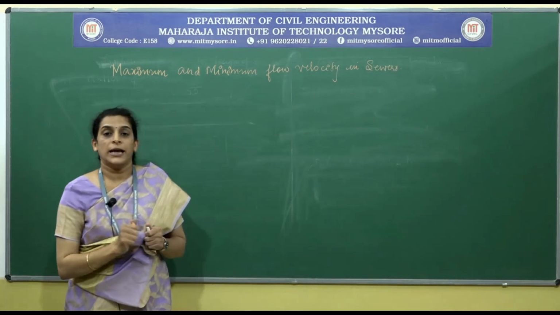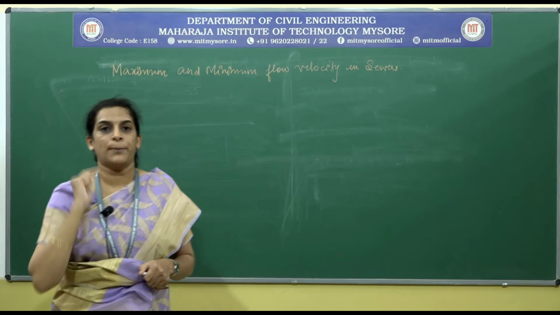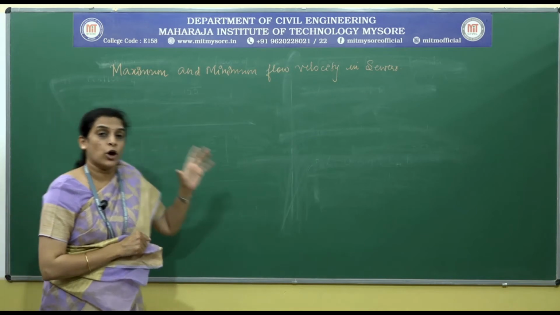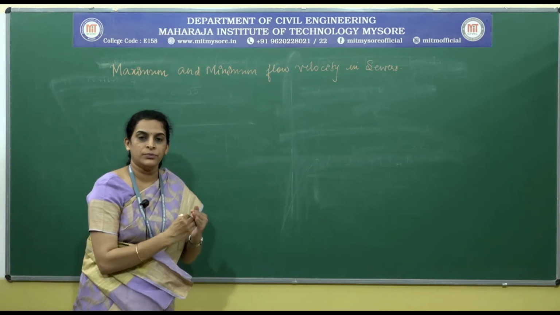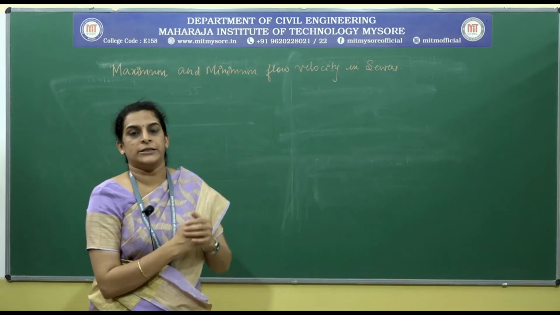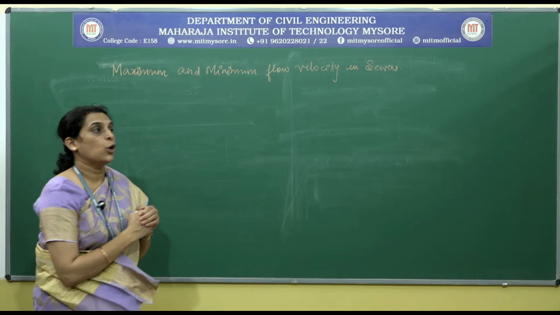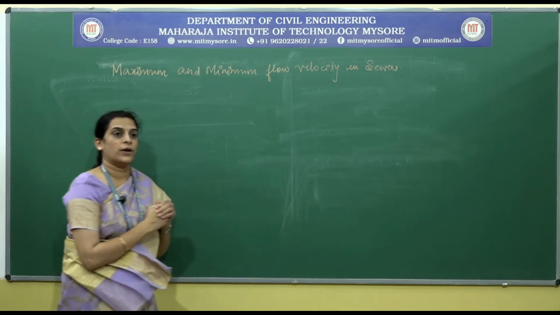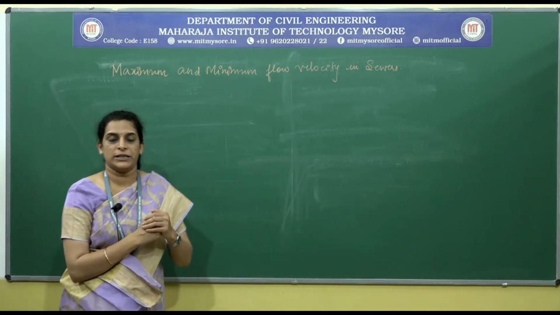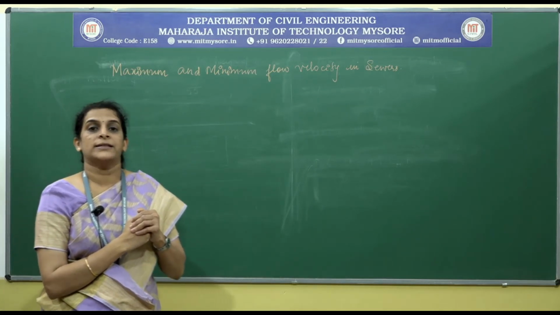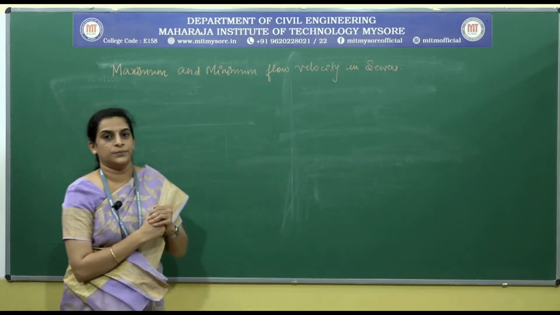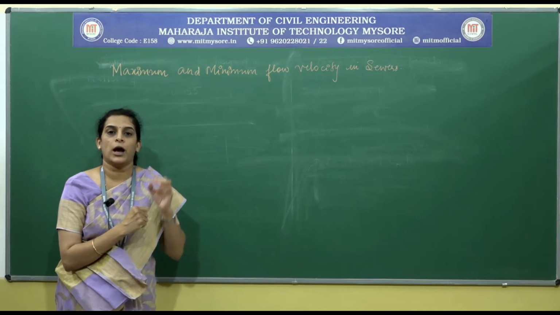So, a designer has to keep in mind about the velocity such that the velocity should not be too minimum nor it should exceed the limits. It means to say that whenever the particles from the sewage will settle down in the sewer material, rather than being in suspension or flowing away, it causes the deposition. So, this deposition has to be avoided.